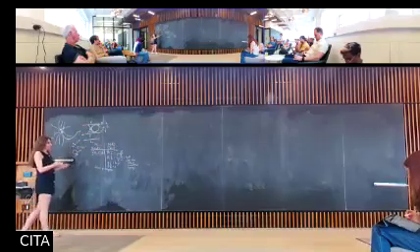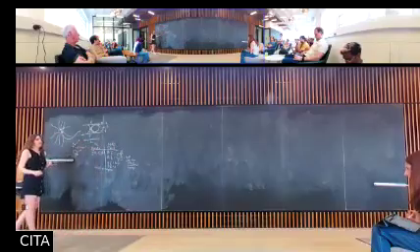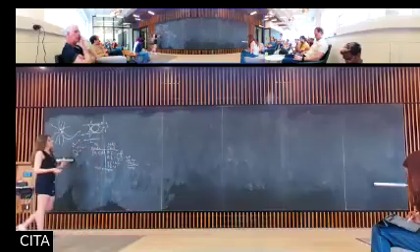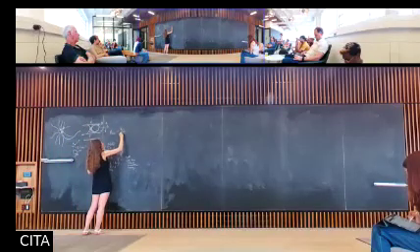So the final big difference between kinetic and fluid simulations that I want to talk about is what value they have for the reconnection rate. The reconnection rate, beta rec, is basically the inflow speed divided by the outflow speed.